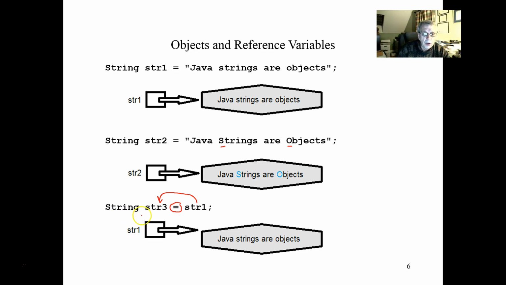The result of declaring a new variable and assigning to it what's in str1 is to take a copy of the memory location that str1 contains, and now that makes str3 point to the same memory location. So think about this for a moment, and hopefully this will make sense to you. And I believe this illustration makes it a little bit clearer than simply talking about the idea of reference variables and so forth.